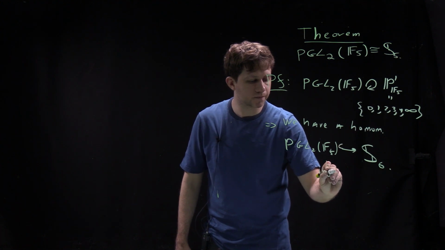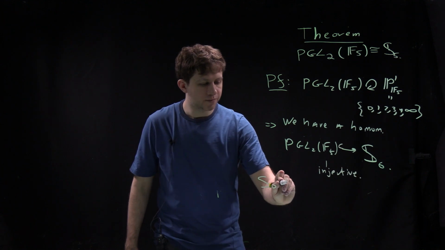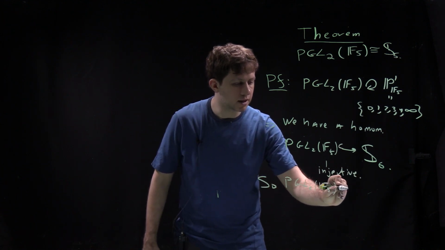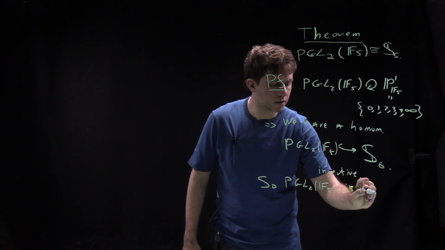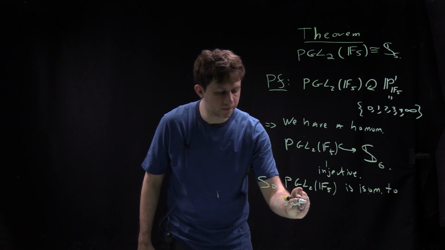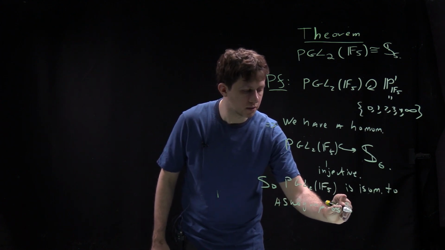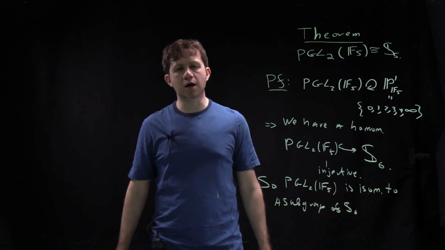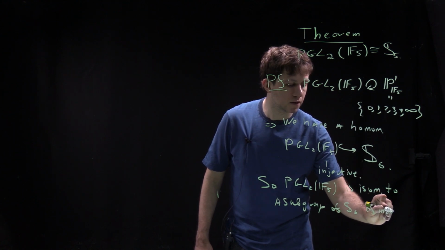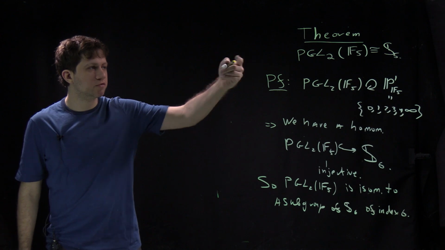So PGL2 of F5 is isomorphic to a subgroup of S6. I can say with 120 elements, but I will say just of index 6. And then here is how we prove the theorem.